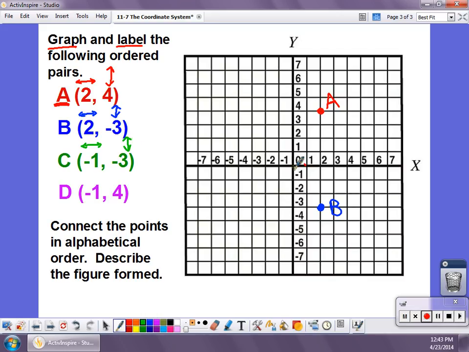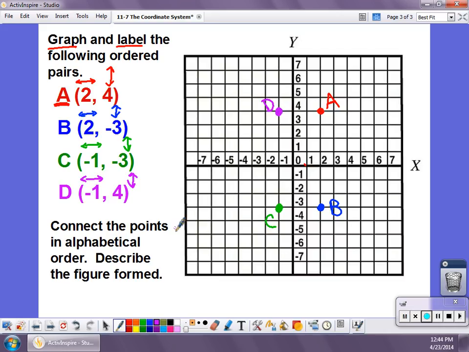So negative 1 means I'm going to go to the left 1, and then negative 3 means I'm going to go down 3. And that's point C. And finally D. First number tells me how far left or right, second number how far up or down. So I'm going to go negative 1, positive 4, and that's right there.